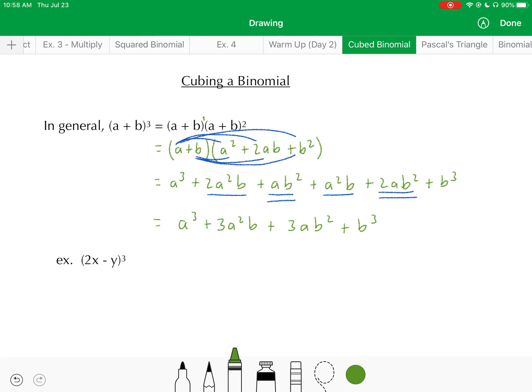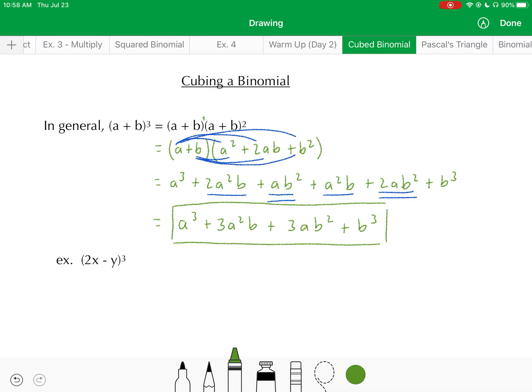Okay? And we want to think of this result, which has four terms, like a formula that can be used to cube a binomial. All right? So let's apply it to the binomial of 2x minus y being cubed.